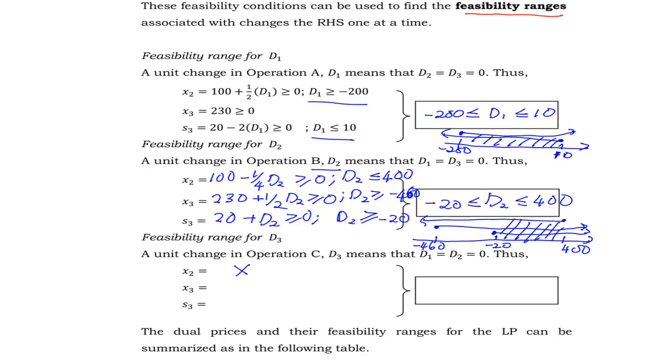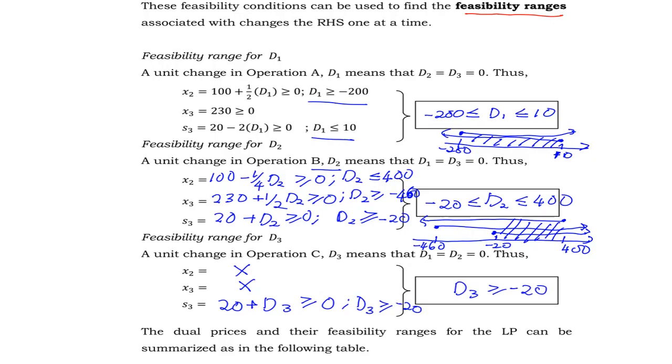Second condition also doesn't have D3. Only the third condition has D3. So 20 plus D3 greater or equal to 0. You simplify this, you get D3 greater or equal to negative 20.